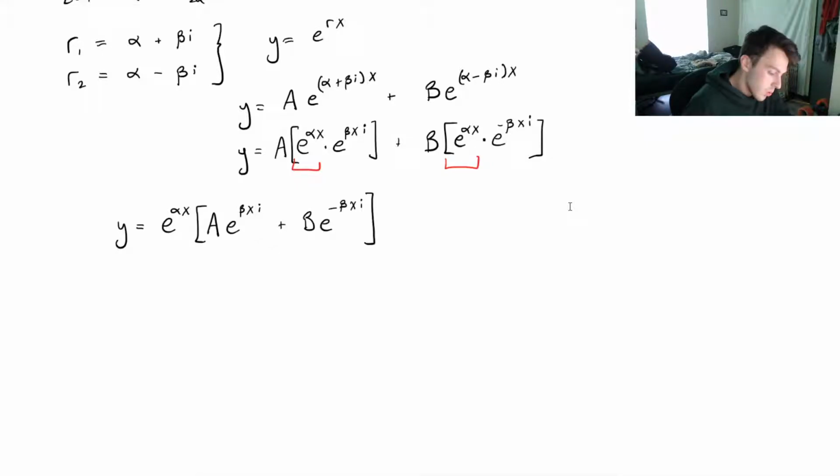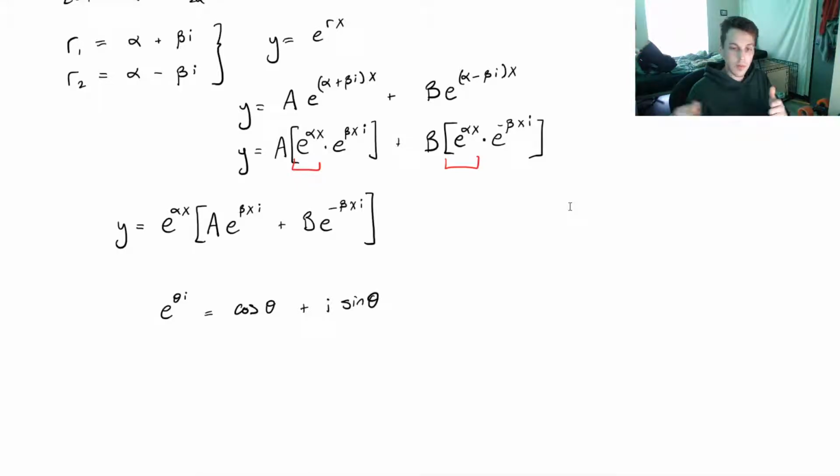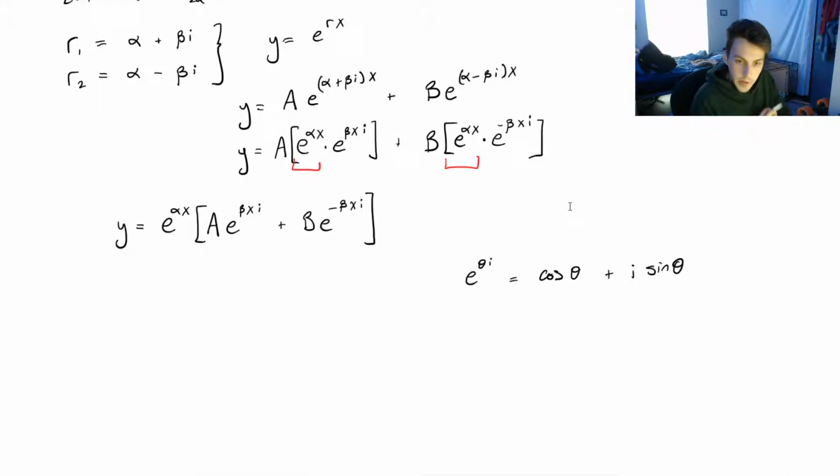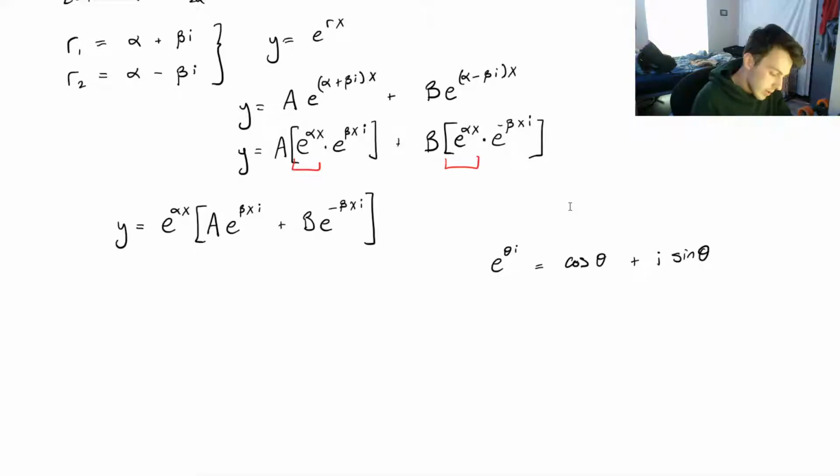So if you'll remember back from our linear algebra days, we know that e to the theta times i, well, that is just equal to cosine of theta plus i times sine of theta, right? This is just polar form to exponential form, right? Okay, I'm just going to move that to the side. Okay, perfect. So let's express this differently now, okay?